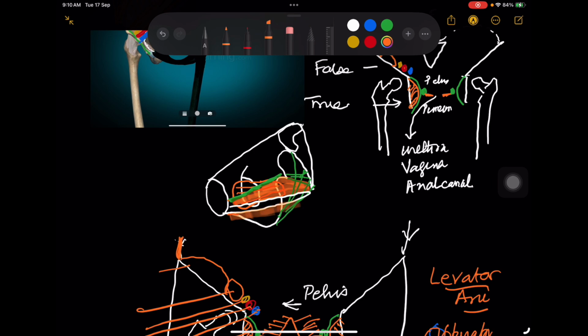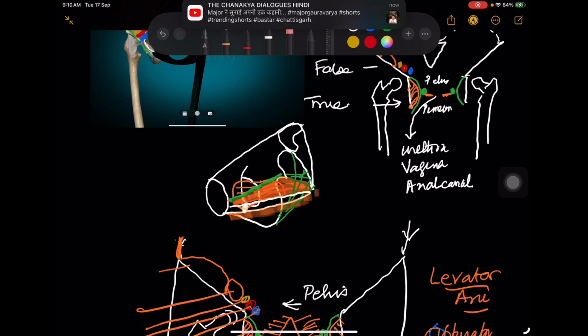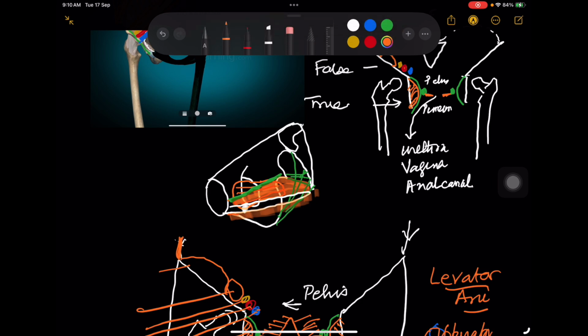Levator ani of this side encloses a slit or a space which passes the urethra and the bladder in front, uterus and vagina behind that, and anal canal and rectum in the posterior part. So this is the rectum, this is the uterus and vagina, and this is the bladder.